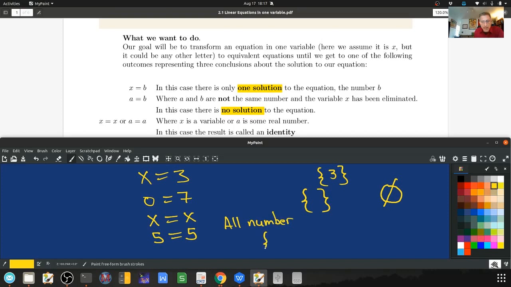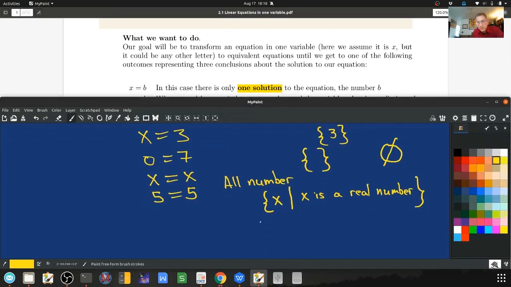One way to denote that is to write x, dash, read such that x is a real number. We have other more convenient ways to write that, but that's what the book uses, and I'll stick with what the book uses. So remember, this is a set. What's in the set? Numbers. What are those numbers like? Any real number is in there. So that's the case when all numbers work. And we'll look at those.